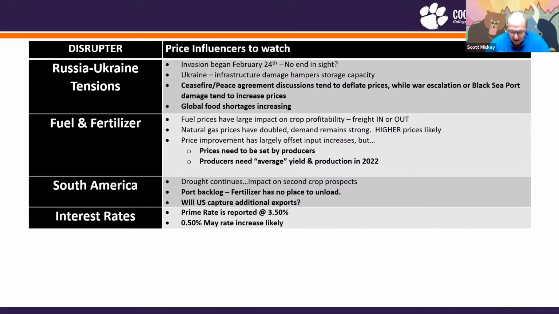I'm going to show a slide in a minute of what natural or LP gas prices have done. It doesn't actually show that they've doubled recently, but since last year, natural gas prices have certainly doubled. I was reading this morning that the natural gas stocks in the US are 20% lower than normal.